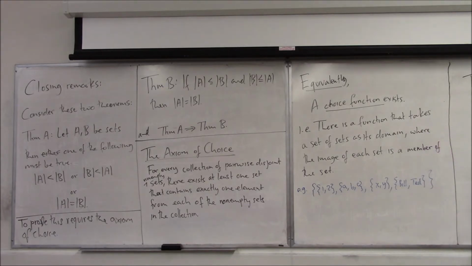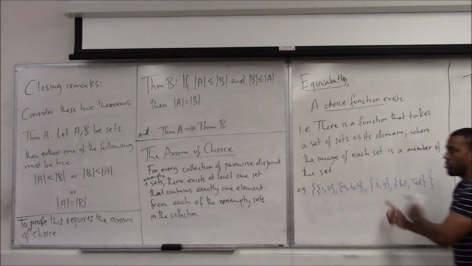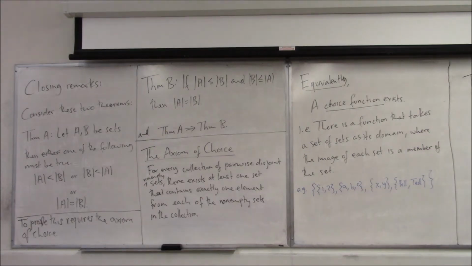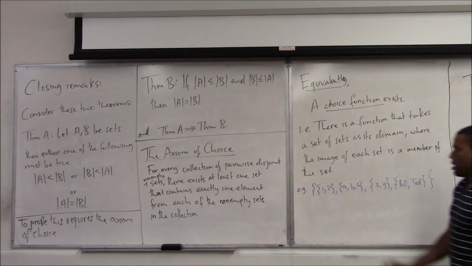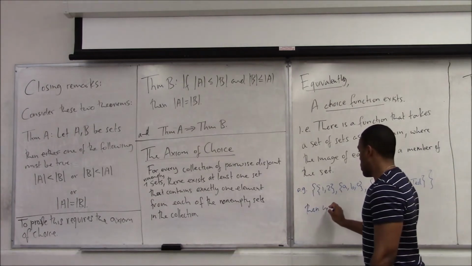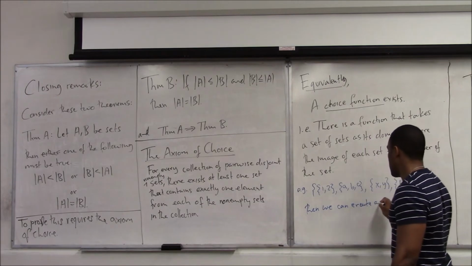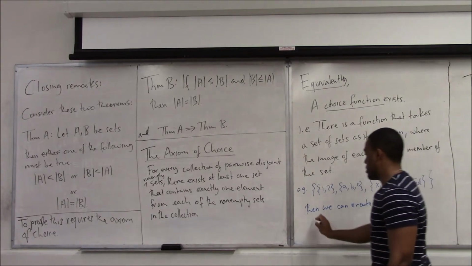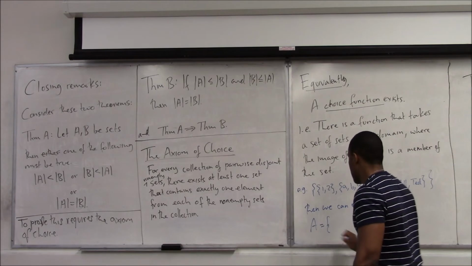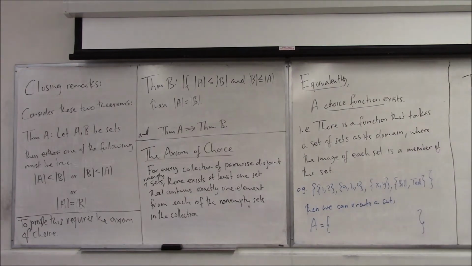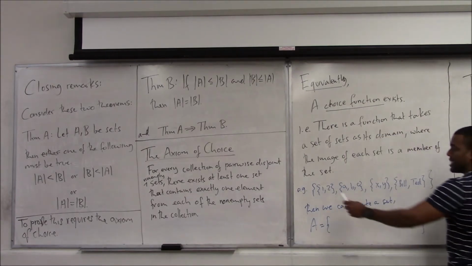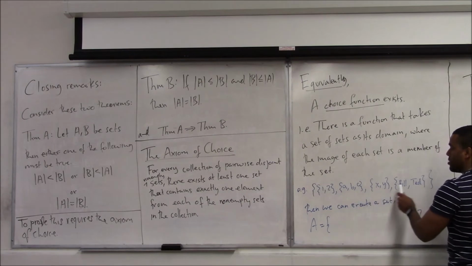So I have a set of sets where they do not intersect, they do not overlap, they're pairwise disjoint. No two sets have the same number of things. Then we can create a set. Let's call it A. So I'm going to create a set, and it's going to contain exactly one member of each of these subsets.